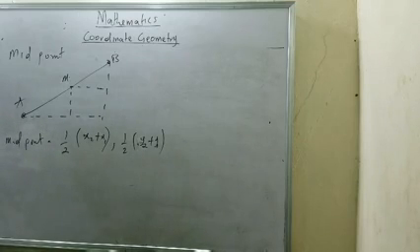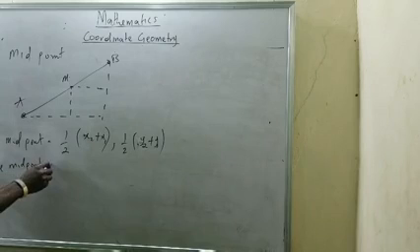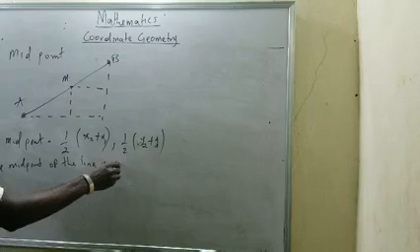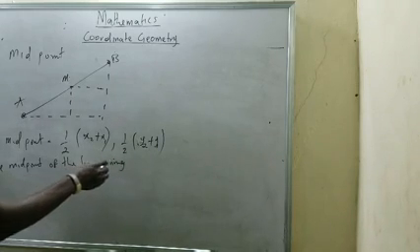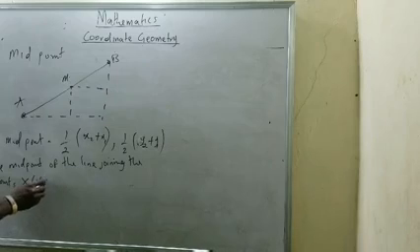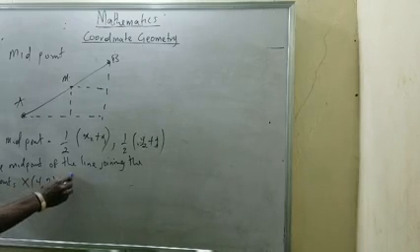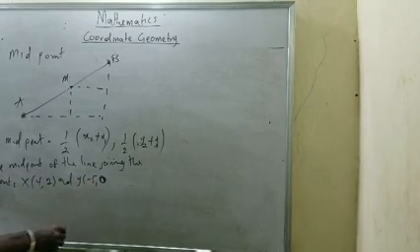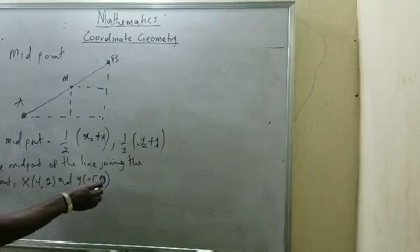Now, for instance, the midpoint of the line joining the points (4, 2) and (-5, 0) is, you don't know it.